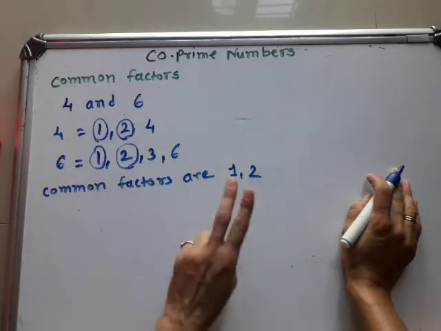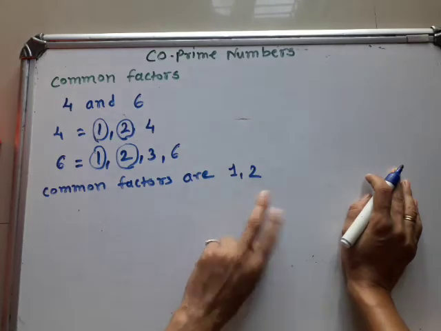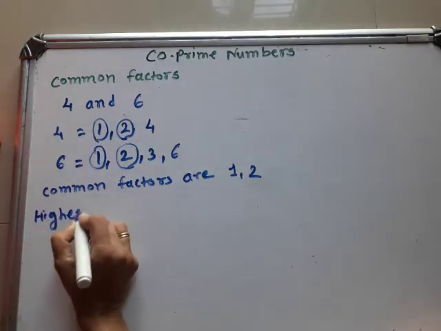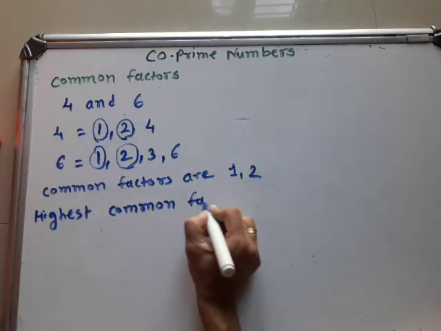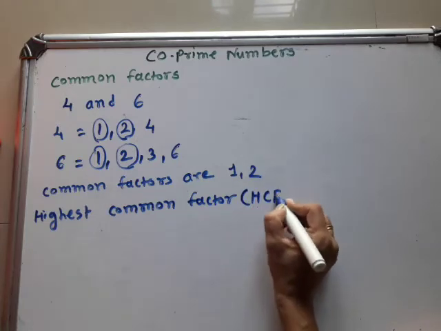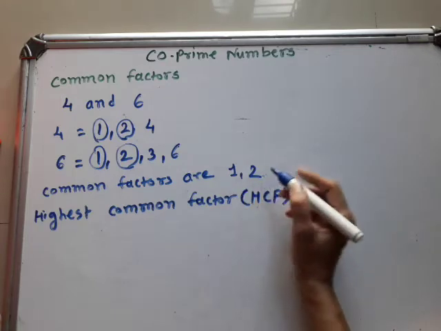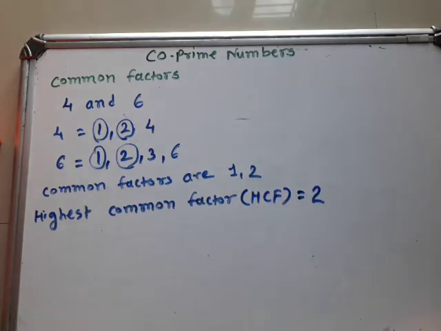The common factors of 4 and 6 are 1 and 2, and the highest common factor, HCF, means the greatest of them. Which is greater here, 1 or 2? 2 is greater, so 2 is the highest common factor. In this way we find the common factors of given numbers.